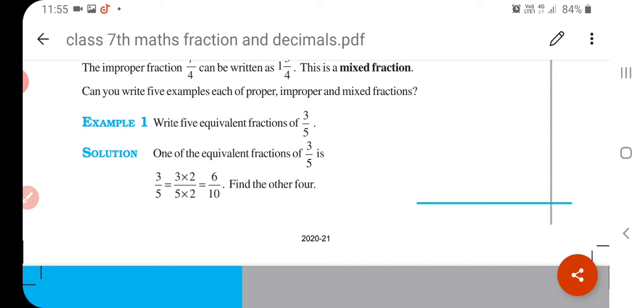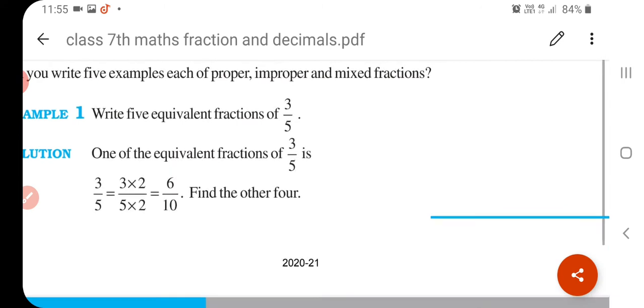So we multiply by the same number in numerator and denominator. First method is we multiply the same number in numerator and denominator, and we get an equivalent fraction. See here, to find an equivalent fraction of 3 by 5, we multiply by 2 in numerator and multiply by 2 in denominator, so we get 6 by 10.